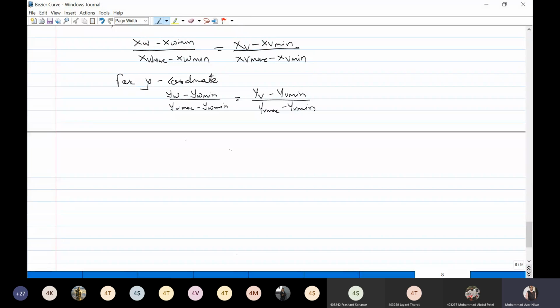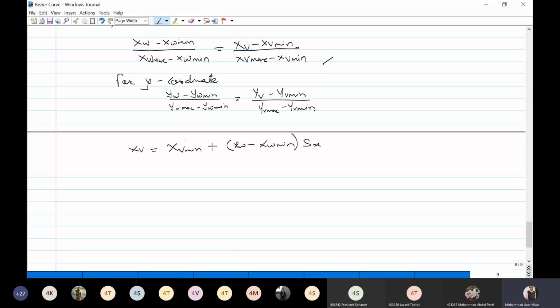Okay. Then to find out the xv value, after solving this, you will get xv equals xv minimum plus xw minus xw minimum times Sx.